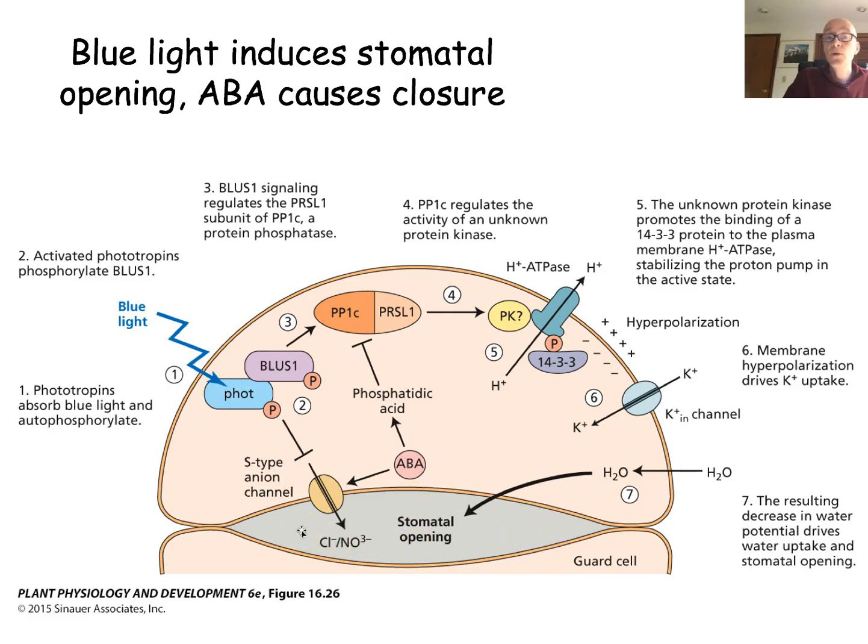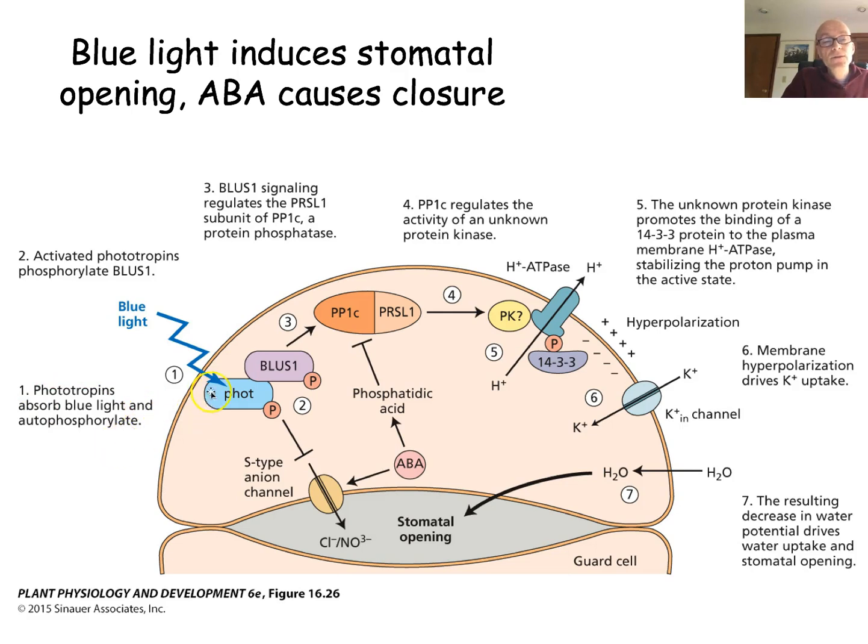This is really important so that the plant can regulate how much water it evaporates while it's picking up carbon dioxide. So regulation of stomatal opening is very important so that the plant doesn't die from drought stress.